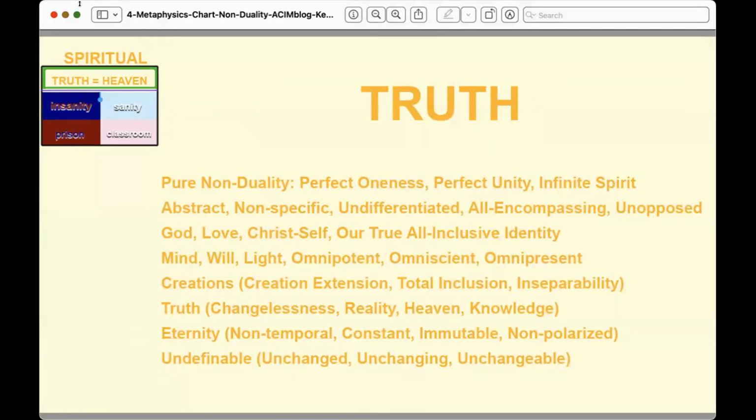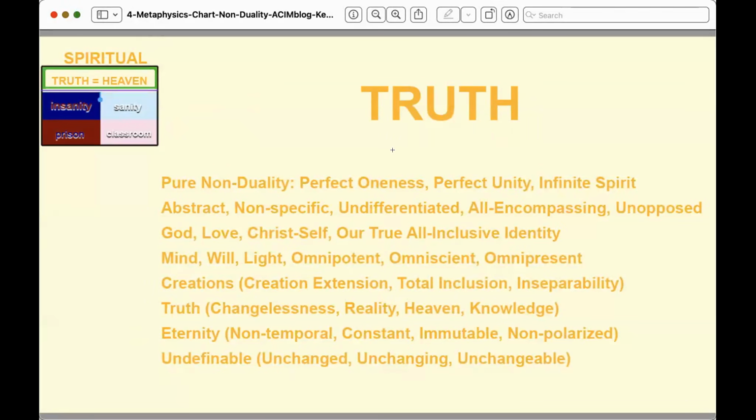Okay. Yeah, this is beyond the scope of the course, but this is kind of the inspiration behind it. This is the oneness. So I just made this as I expanded Ken's list with a few that I thought might be helpful. So this is really our true identity, and this is the only thing that's actually real.